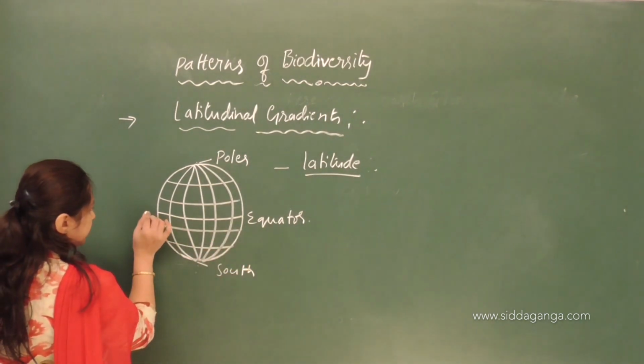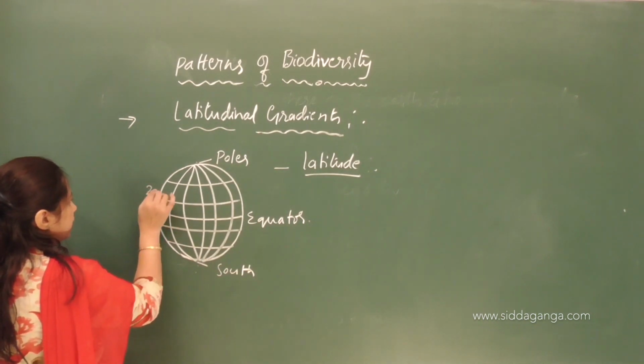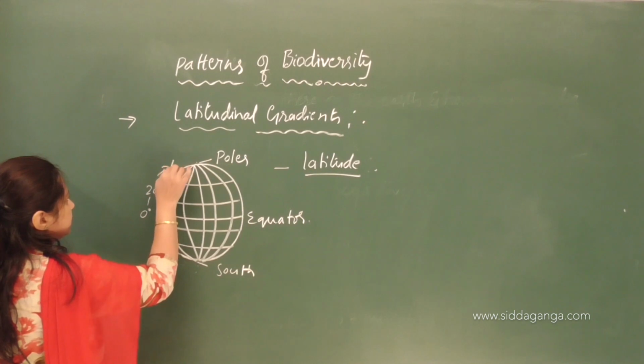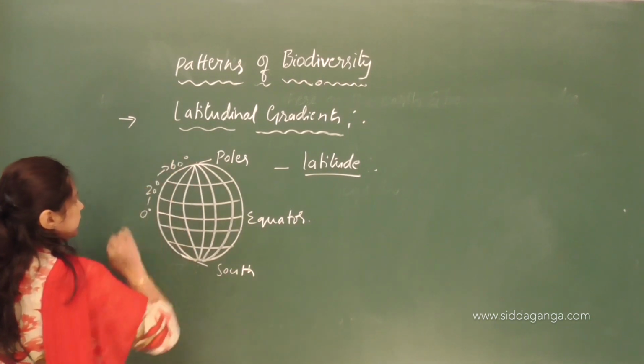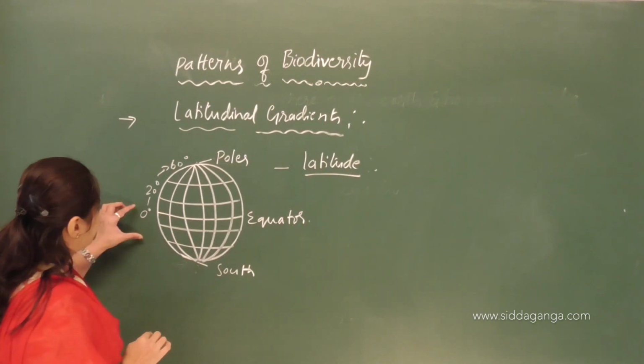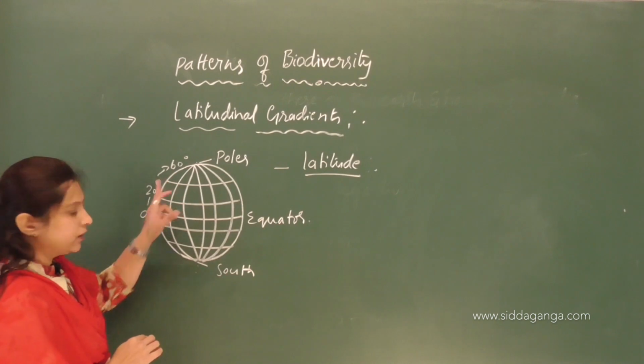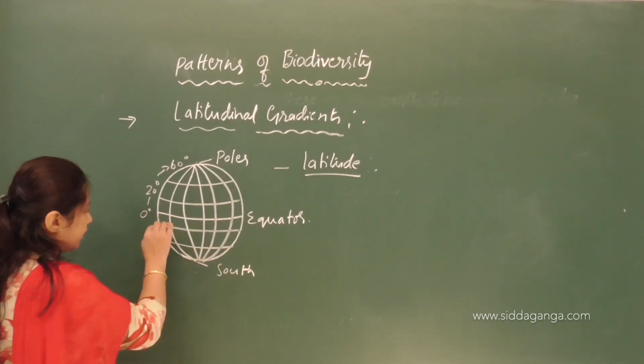Here the equator is 0 degree and it goes on increasing, like here it is 20 degree and here it is 60 degree. So it goes on increasing from equator to poles. We can say this place is located 20 degree north and this place is located 20 degrees south.